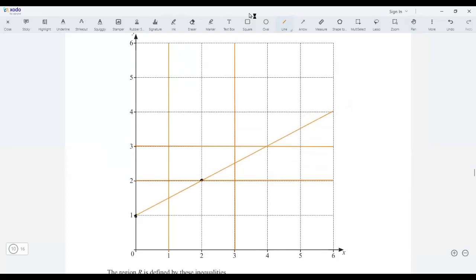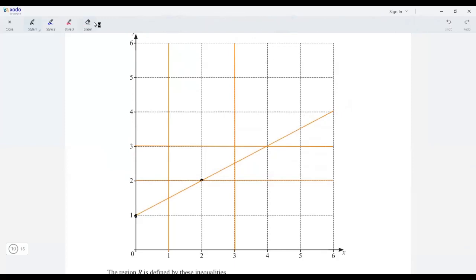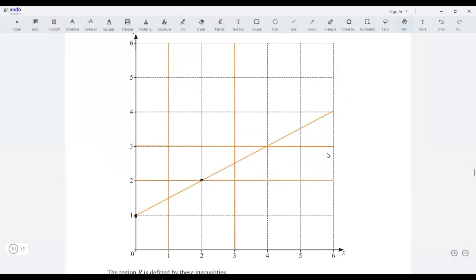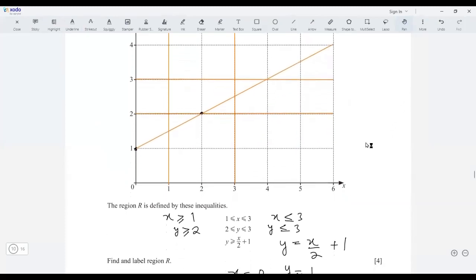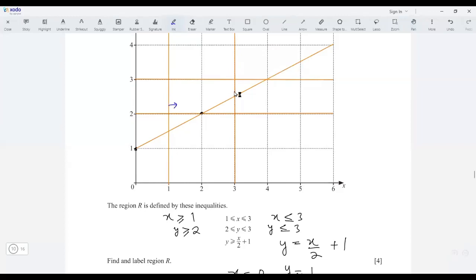Now look at the region. The region is made with five equations, so it must be a pentagon. x is greater than or equal to 1 means it must be lying to the right of it. If x is smaller than or equal to, it means it is lying to the left of it.